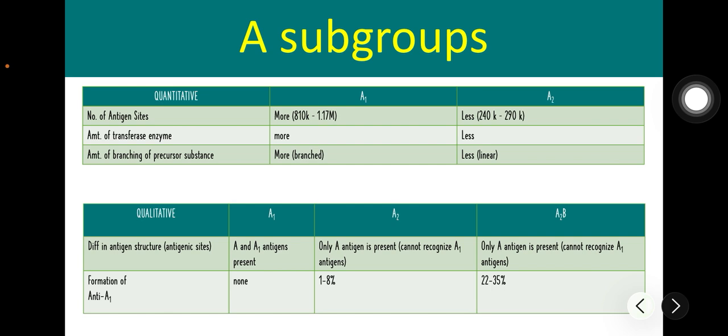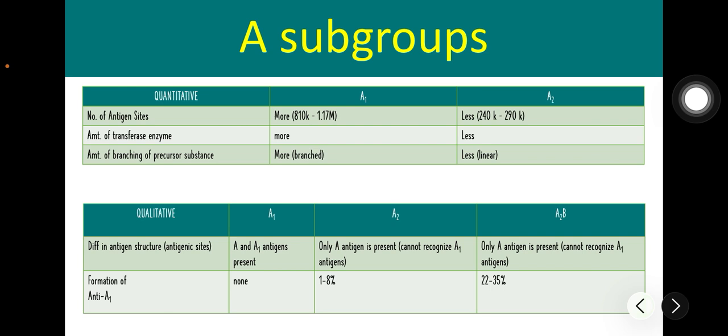The different efficiencies of these genes lead to two major distinctions in the resulting phenotypes. For A1, the number of antigen sites is 810,000 to 1.17 million, while A2 has fewer, at 240,000 to 290,000.